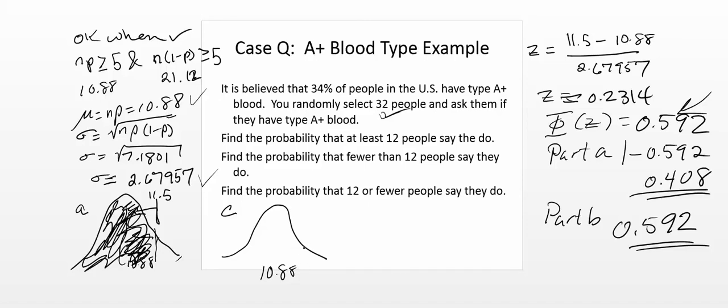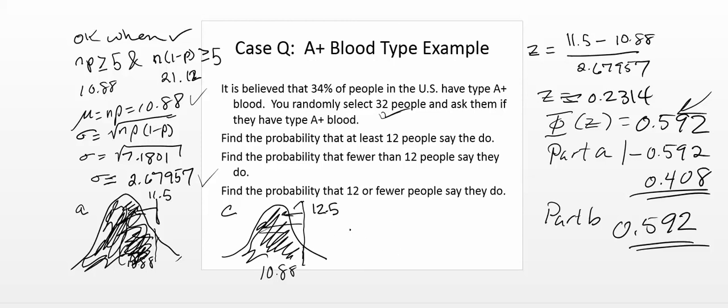But when I say 12 or fewer, I want to include all of the lump at 12 and move to the left. That means I better go at 12.5 and everything to the left of that, so that I include the entire lump at 12. So I want this shaded portion.